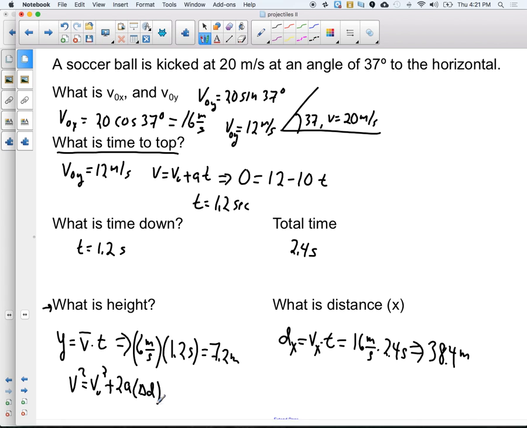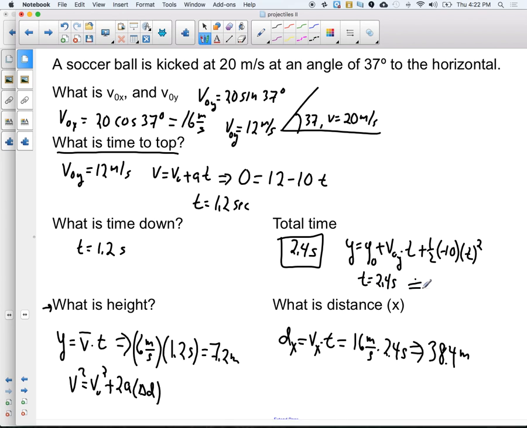If I come over here and look at this total time equation, if I write that y is equal to y0 plus v0y times t plus 1/2 minus 10 t squared, and I substitute in a t of 2.4 seconds, you'll find that y final is equal to y0.